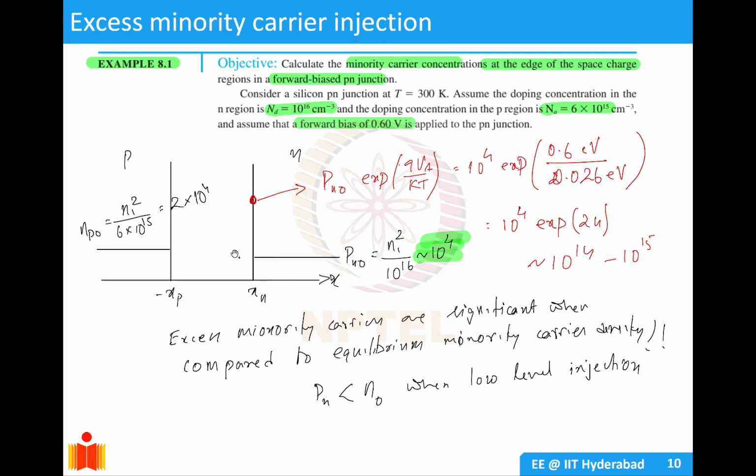You can see at this point your Nd is 10^16 and your minority carriers are 10^15, whereas your majority carriers are 10^16. So the excess minority carriers are very significant compared to equilibrium condition.